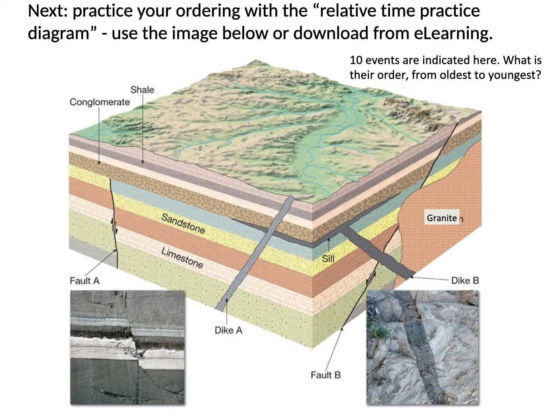After you do that, or before if you feel like it, try to figure out the order of events of all the labeled things here in this diagram. This is a fairly complicated diagram, and it's not the easiest thing to figure out right away, so do your best, but this is the kind of diagram you're going to be working with in the lab, so you'll want to give it a try first. You don't have to figure out all the events, but there's 10 things labeled here.